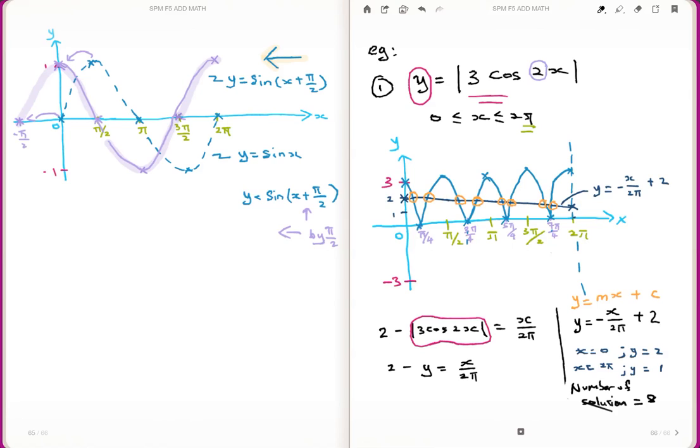You are not supposed to use a color that's forbidden by the SPM board. You're not supposed to use red. You're not supposed to use green. Other than that, I think you should have some freedom. Maybe black, blue, pencil.